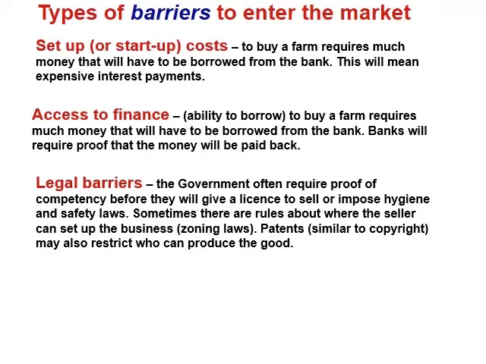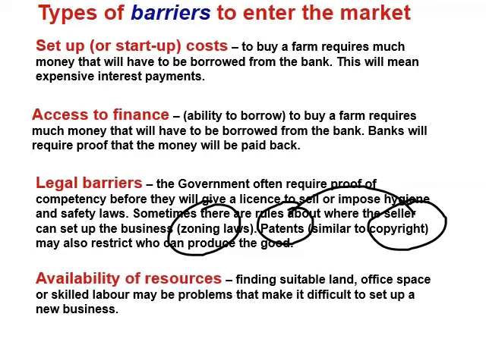There can be rules about where you set your business up, known as zones or zoning laws, and of course copyright or patents, same thing, where for you to be able to enter that market you have to buy the right or the copyright to be able to do that. And finally, availability of resources, finding suitable land, office space, maybe skilled labour is a problem before you can actually set up your business.